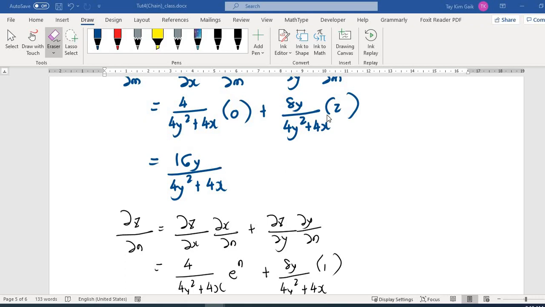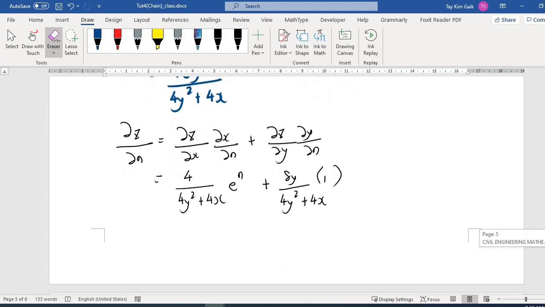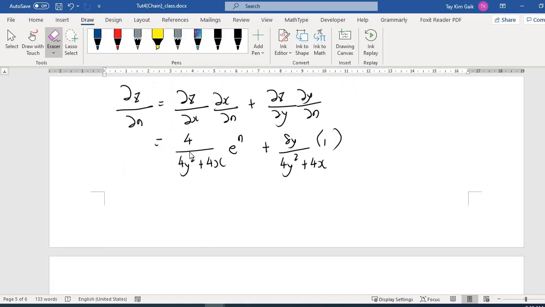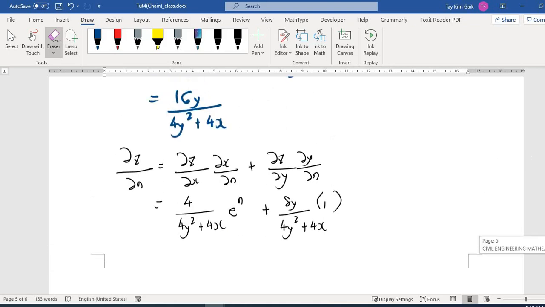This one is 0, that's why still same answer, 16y over 4y squared plus 4x. And then del z del n is here, 4 exponent n divided by 4y squared, okay, plus 4x plus 8y, 4y squared plus 4x.